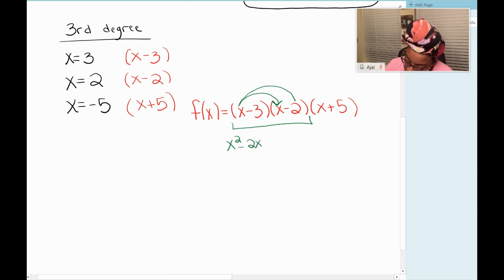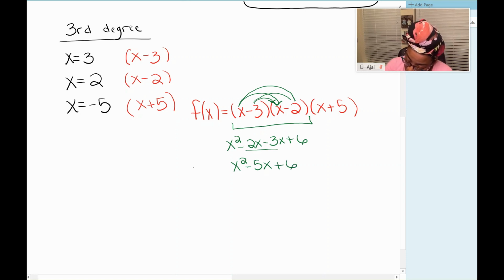Then I do the inner. That's going to give me -3x. And then I do -3 times -2. That's going to be +6. Okay, and then if I was to combine my like terms, that's going to give me x squared. In the middle, that's going to be -5x plus 6.